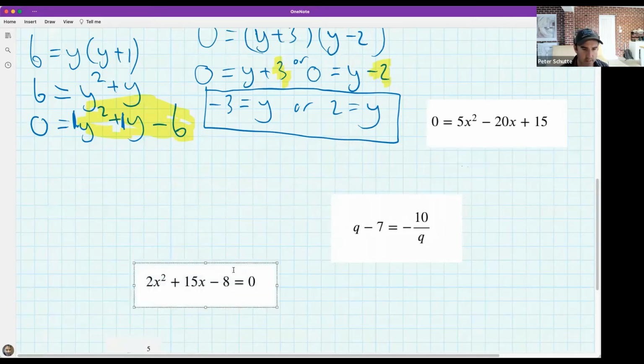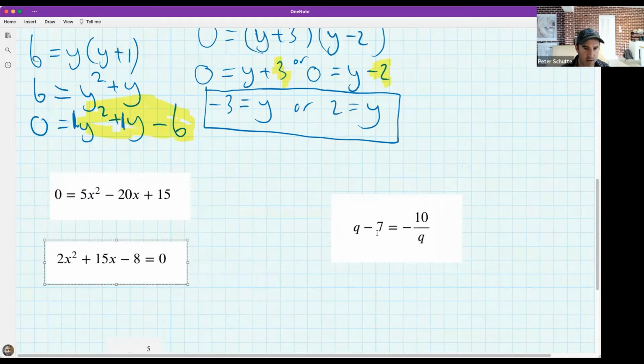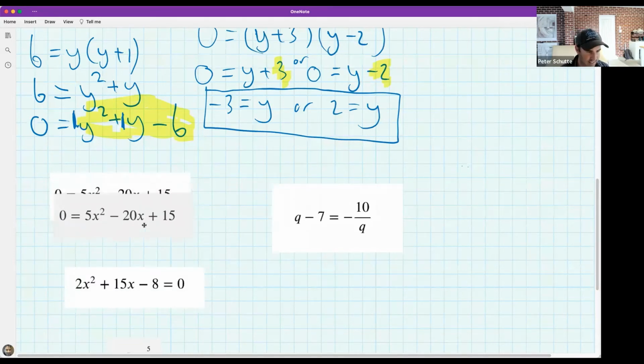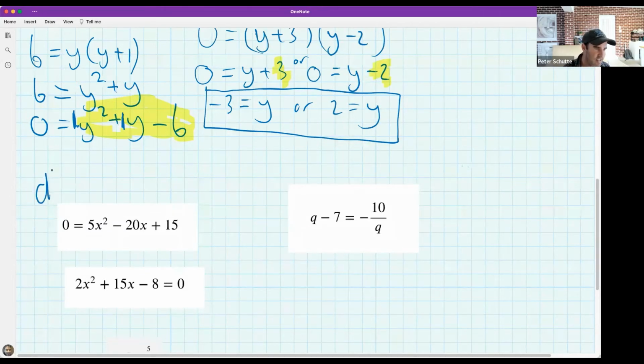Okay, well then, for those who are struggling, I want you to try and use that same checklist again, and we are going to try and do the current 4 questions on the board. This is going to be question D, E, and F. I am not going to say as much, but I want you to use the checklist.